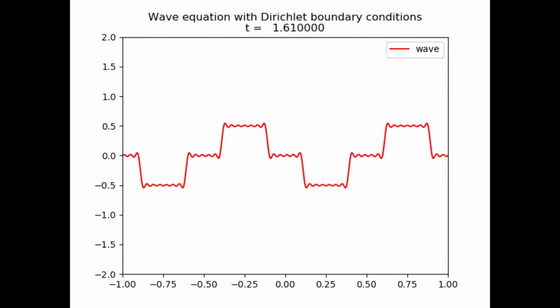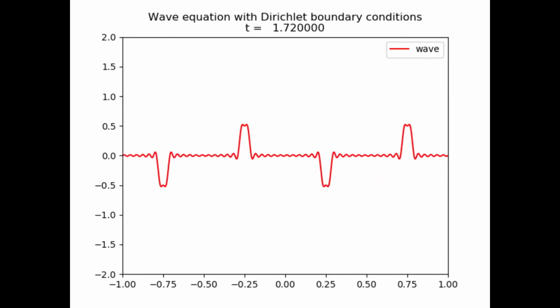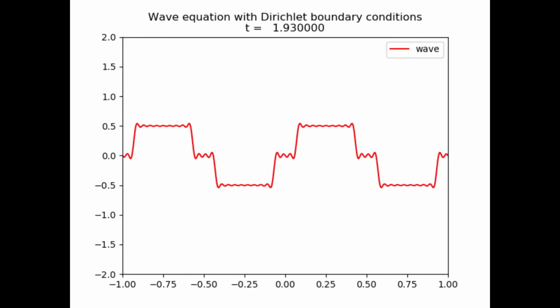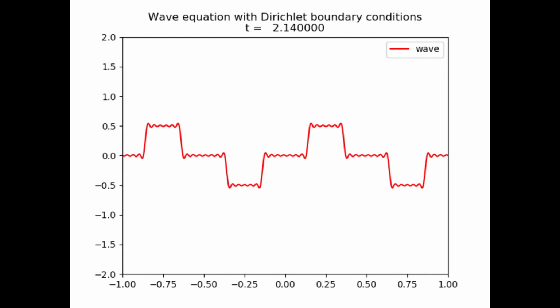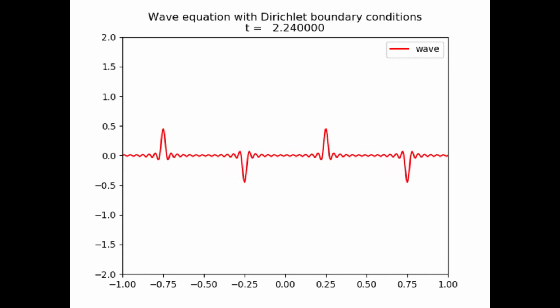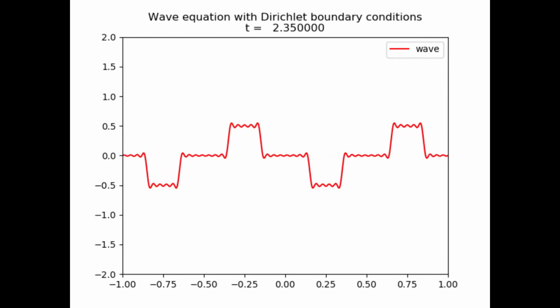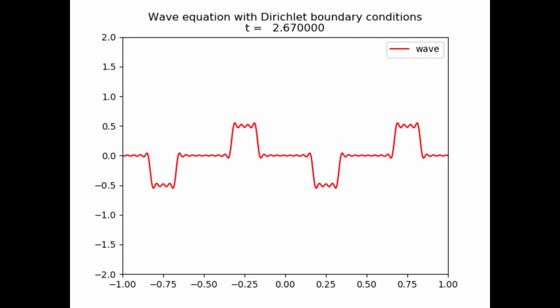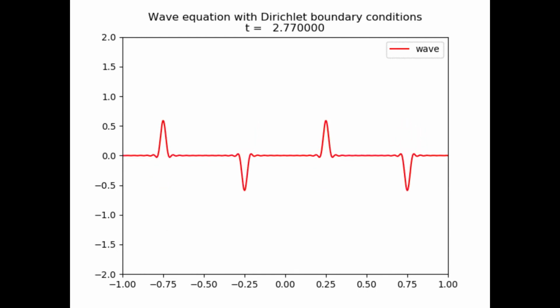So we still see the wiggles of the sine function of the Fourier sine modes. And as we let the evolution start, we see that the wave equation produces these patterns of traveling waves. The pattern just keeps going on forever.